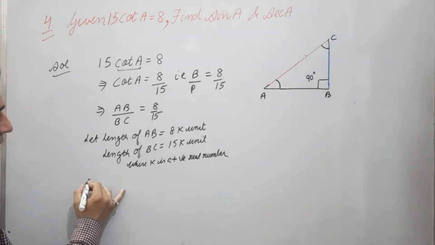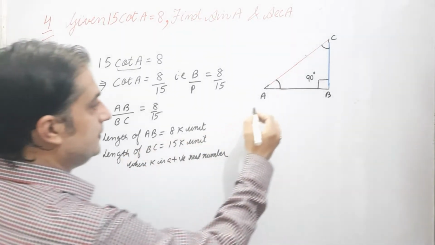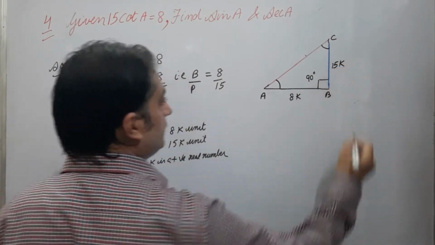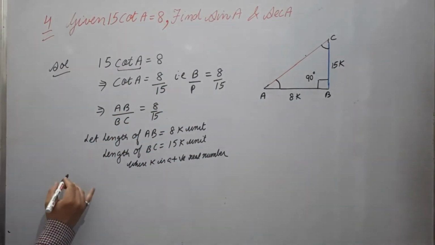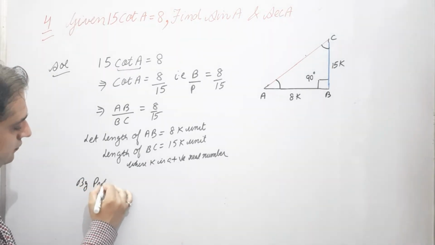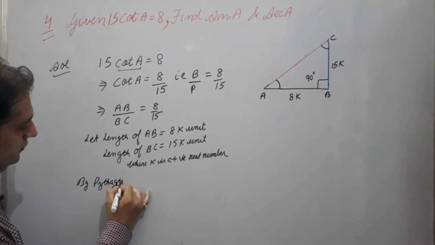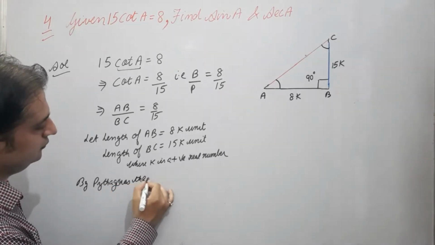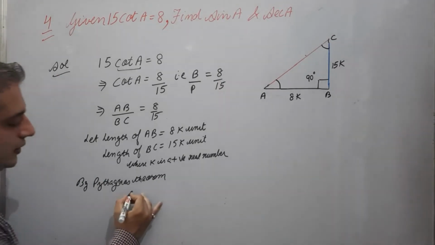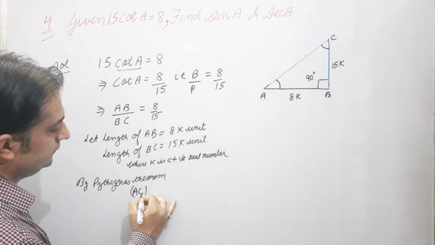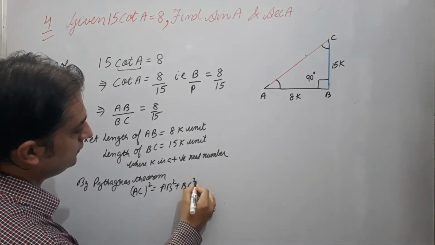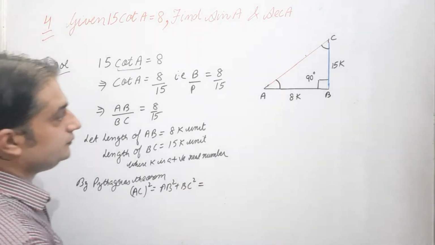First find the third side, because AB is given as 8k. By Pythagoras theorem, the square of the longest side, AC square, is equal to AB square plus BC square. Just put the values.